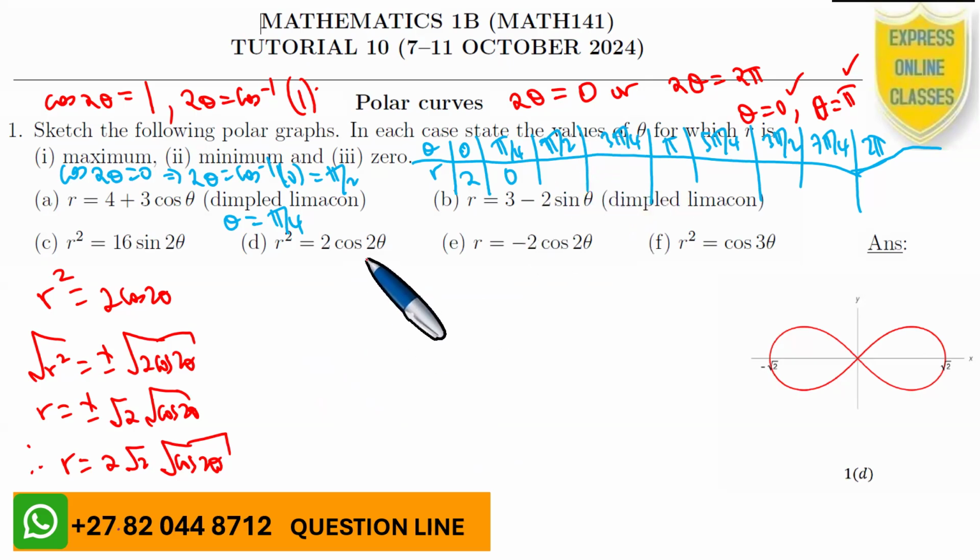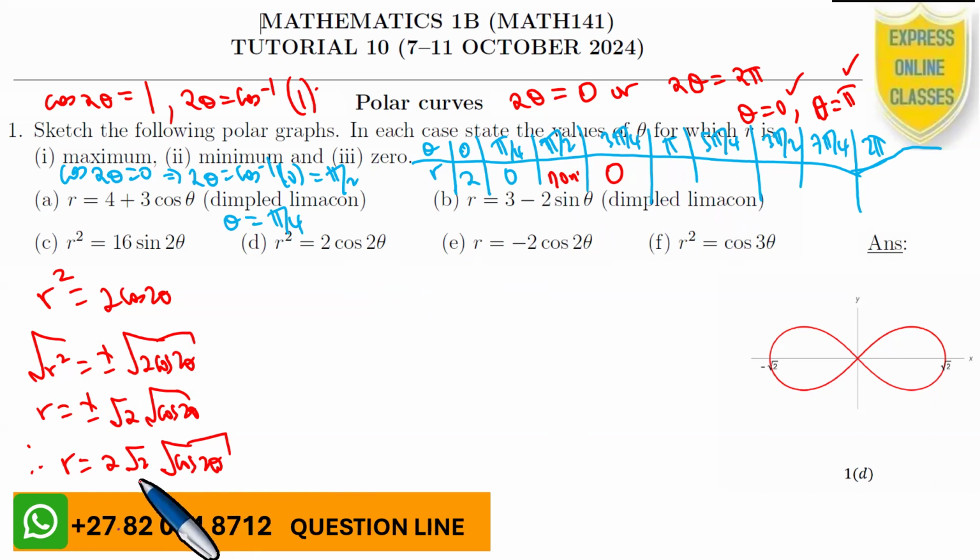Let us do this one. You do cosine at pi over 2. The cosine 2 pi, it's going to be cosine pi, which is negative. So it's non-real, this one. At 3 pi over 2, you have 0. At pi, it's going to be 2 pi.